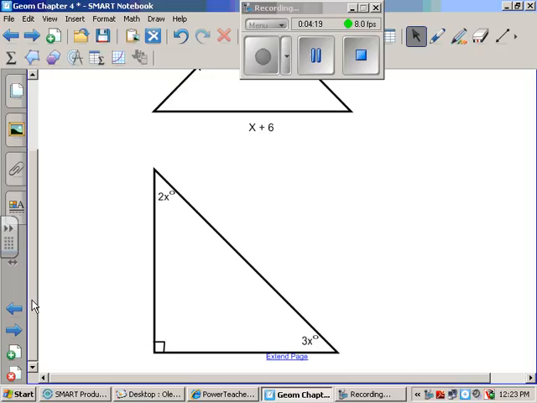But we don't know that they're equal. So how would I figure out what x is? Yeah, you'd set these two equal to 90. So you'd have 2x plus 3x equals 90. Then combine like terms, divide. So 5x equals 90, and x is 18.